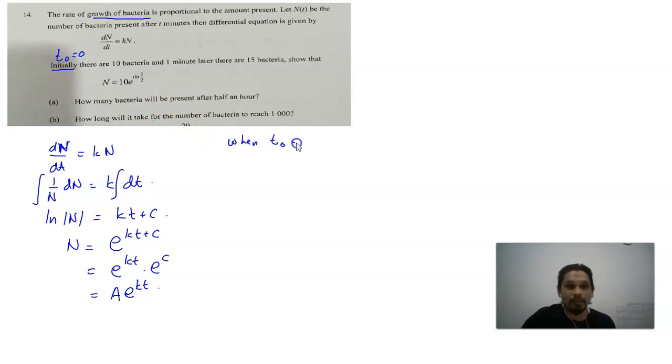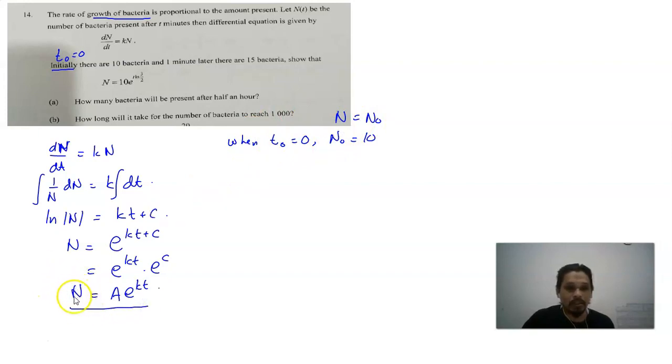when T equals 0 and N equals 10 bacteria, which is N equal to N naught, the initial number of bacteria is 10, T equal to 0 here. So N equal to N naught.